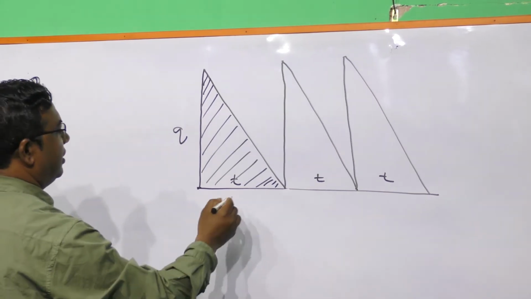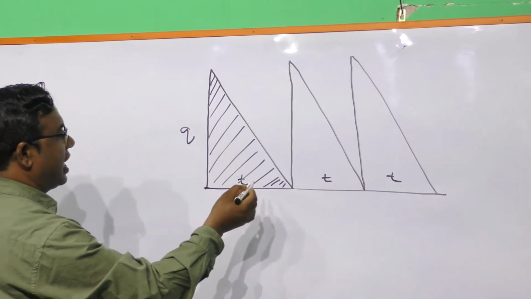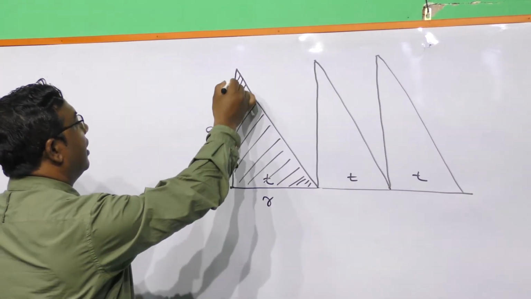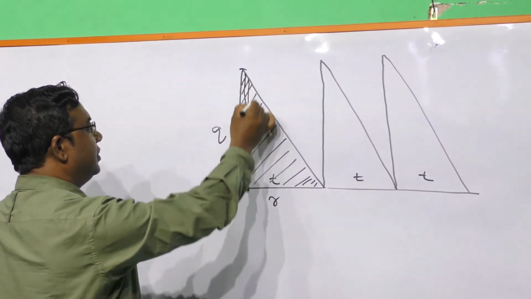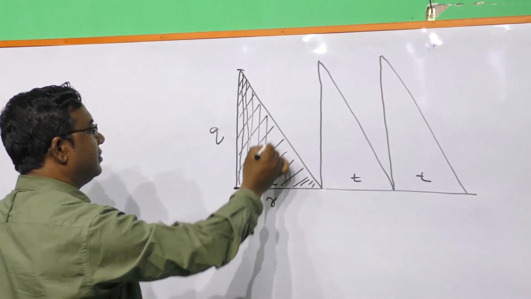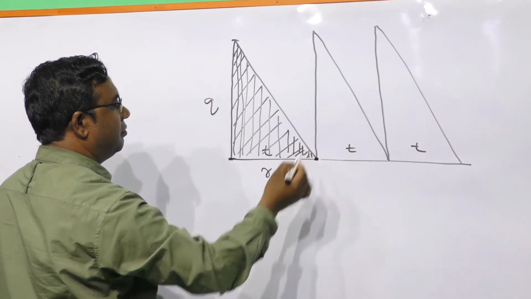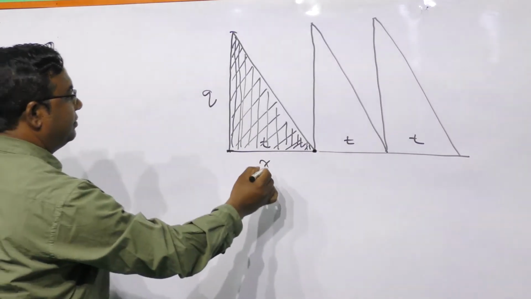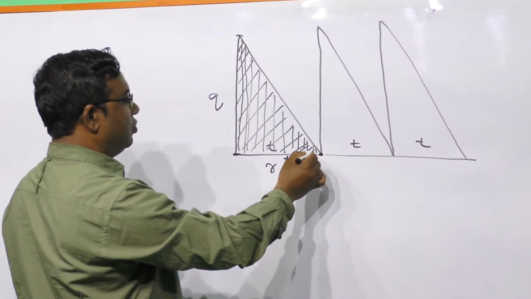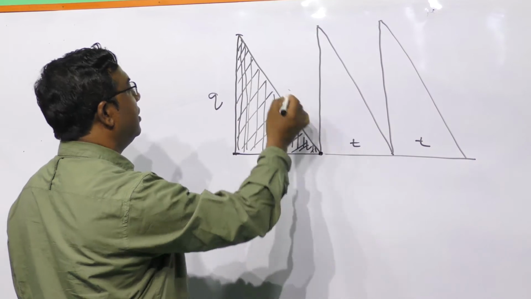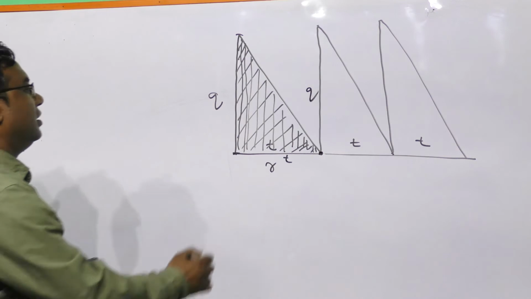R is the rate of demand per day, so per unit time. Day by day, the stock level becomes decreasing, decreasing. Then finally, the stock level becomes 0 at the end of time T. Then for another run, we have to produce the quantity, or we have to order the quantity.